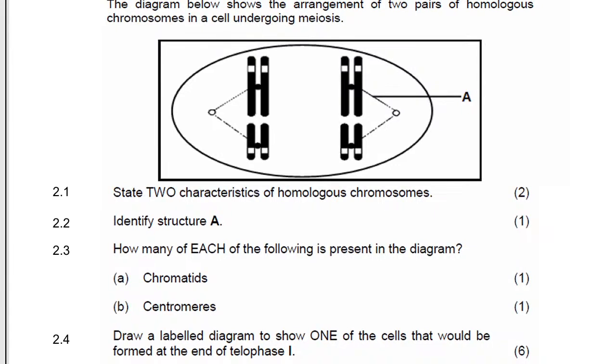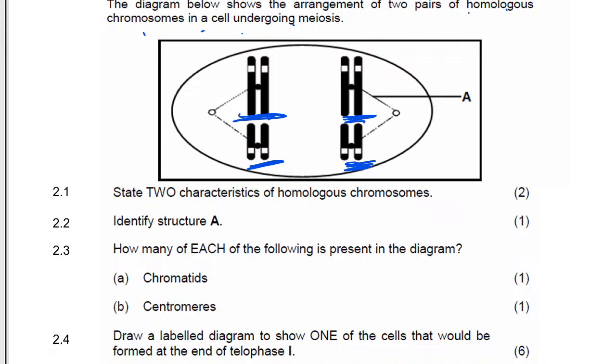Okay, they're saying that the diagram below shows the arrangement of two pairs of homologous chromosomes in the cell. This is homologous to this. This is homologous to this.